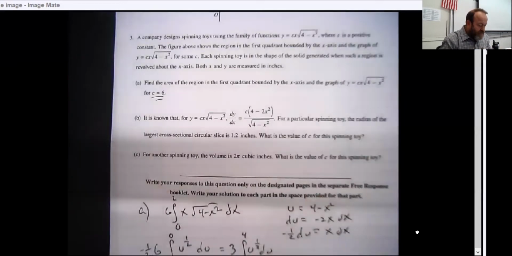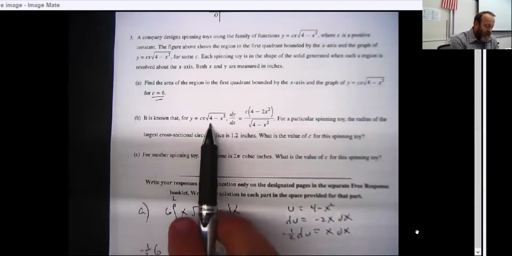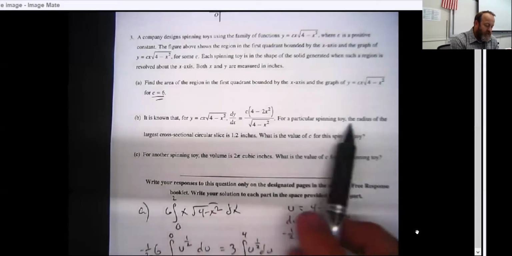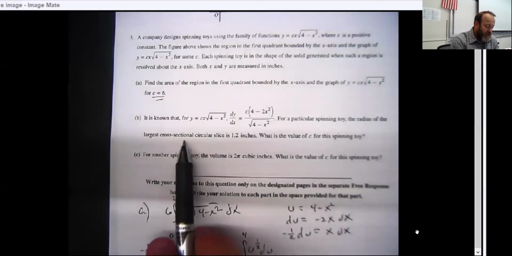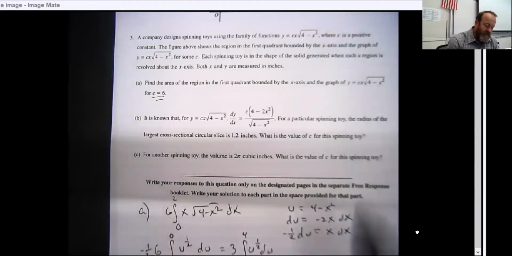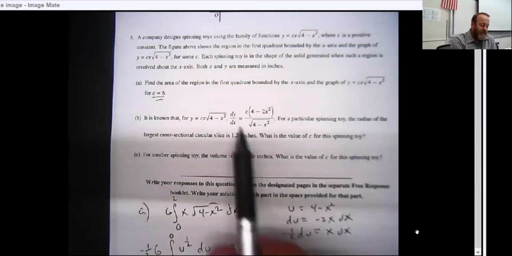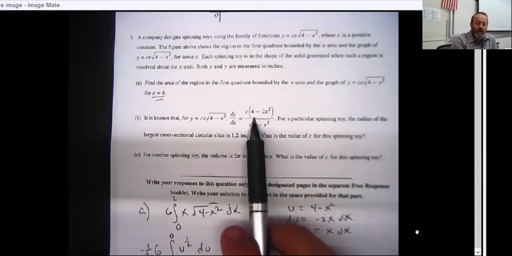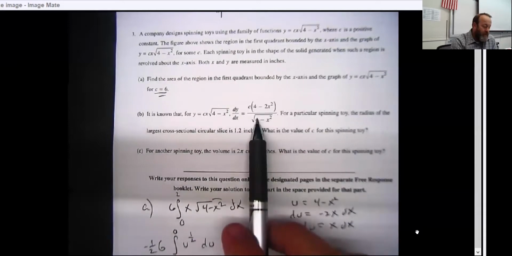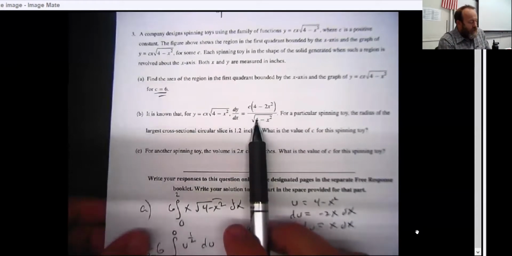Now, for the second part, part B, it says it is known that the derivative of this is right here. For a particular spinning toy, the radius of the largest cross-sectional circular slice is 1.2. What is C? Well, if this is the derivative and you want to find the maximum value, the maximum value happens where the derivative is 0. So I'm going to write this on lined paper here instead.